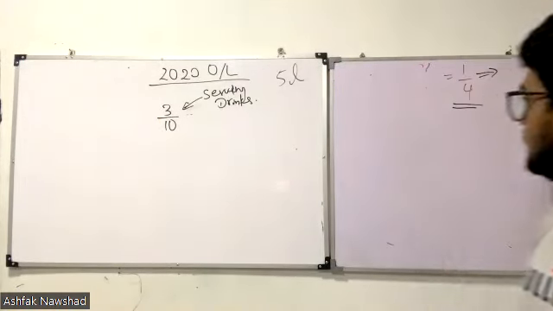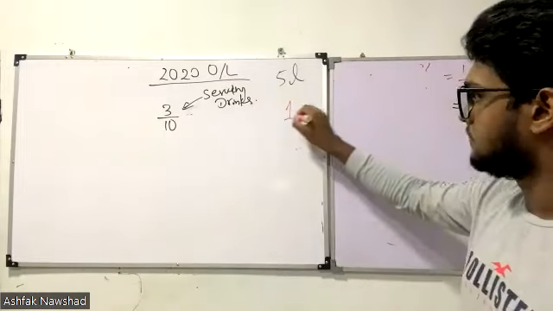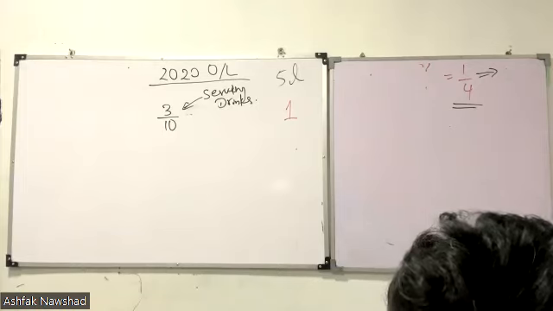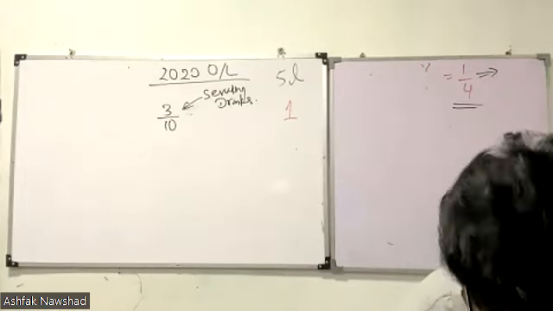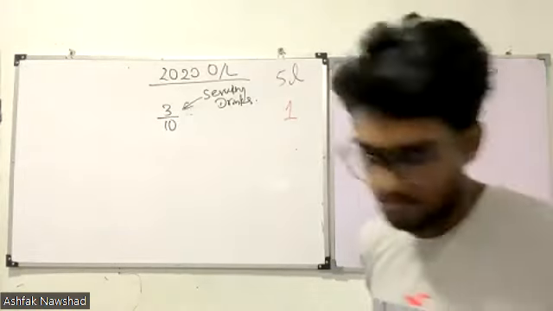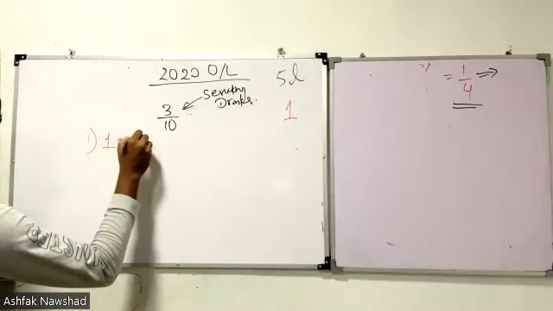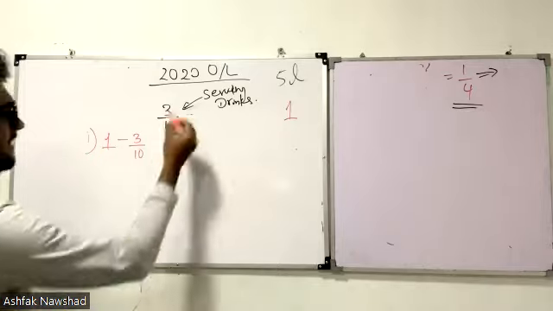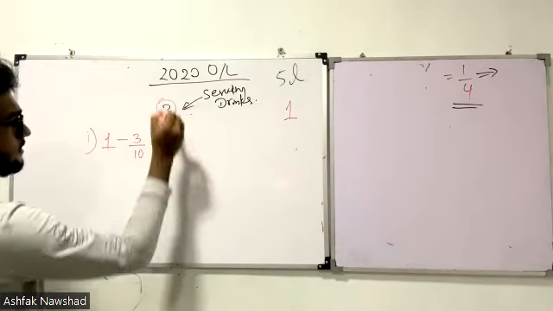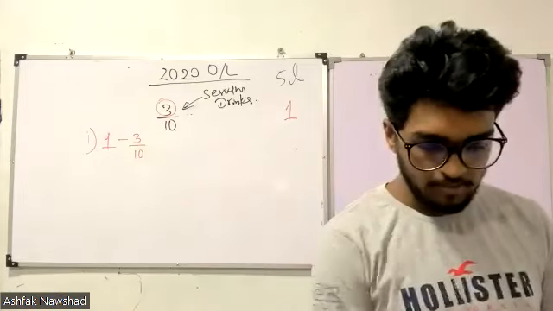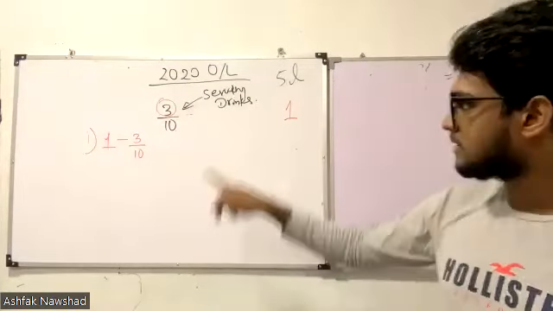As I said, consider the whole bottle to be 1, and 3/10 is used. So what is remaining? 7/10. The whole bottle is 1 minus 3/10, or else you can easily see that 3 is used out of 10. So how much remains? 7 parts are remaining.